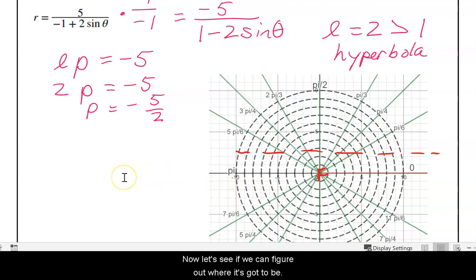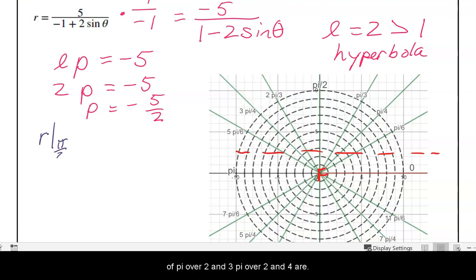Now let's see if we can figure out where it's got to be. Since we have sine involved and it's opening up and opening down, that must mean that the major vertices are once again along this pi/2 to 3π/2 line. Let's compute what those are now by plugging the values of pi/2 and 3π/2 in for theta.